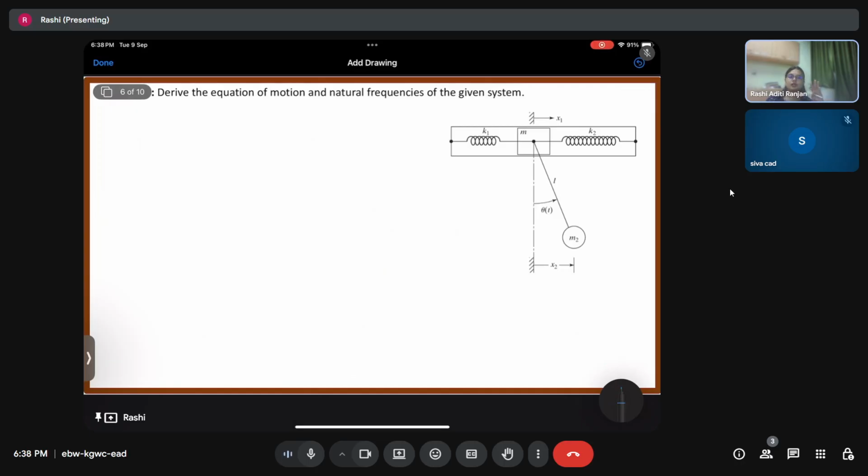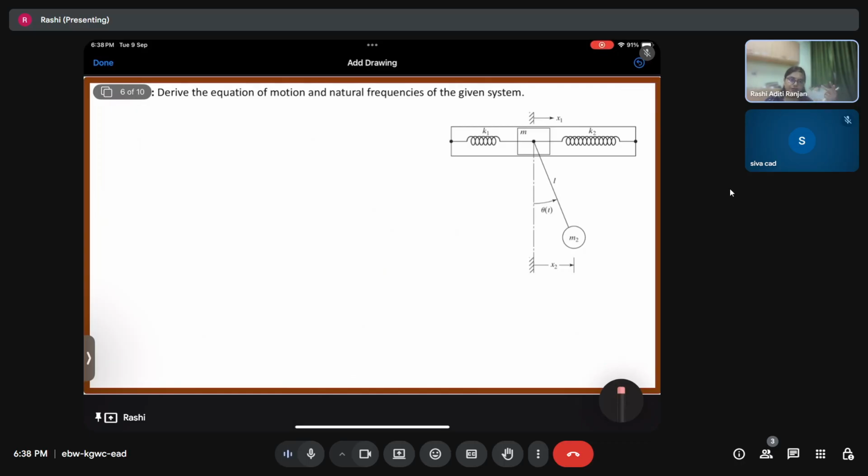So total degrees of freedom is going to be 2. If there had been a constraint connecting M and M2 such that the position of M could be found with respect to M2 or vice versa, then it would be a 1 degree of freedom system. But here there is no such constraint, so we are going to have only 2 degrees of freedom.